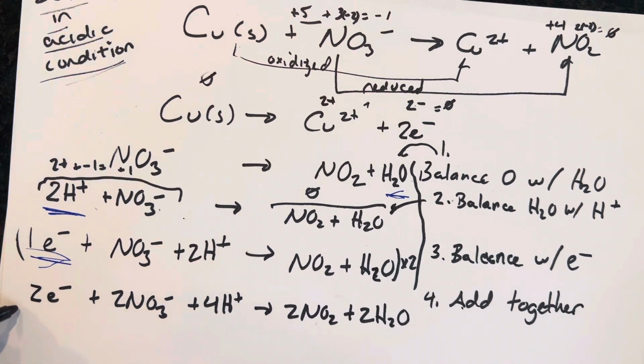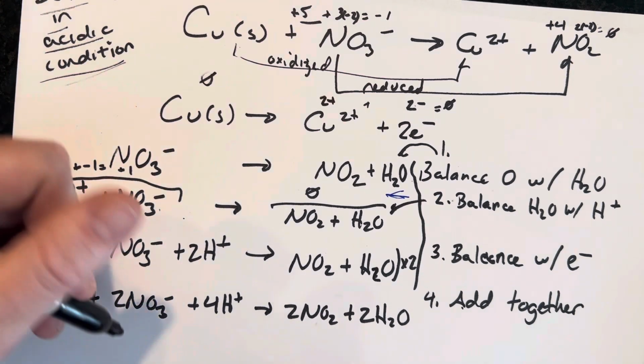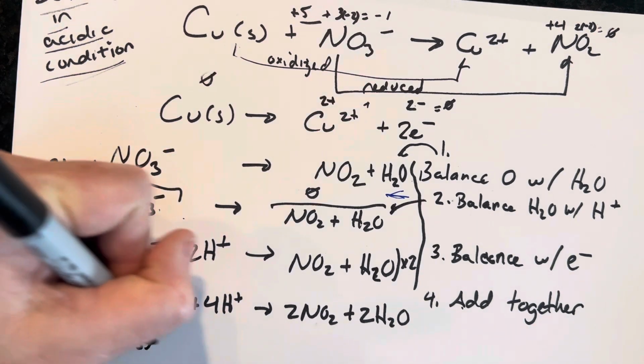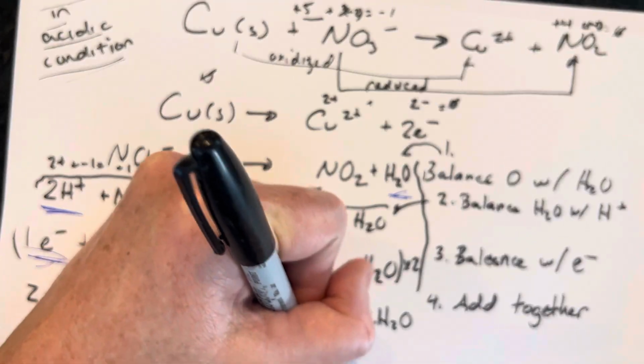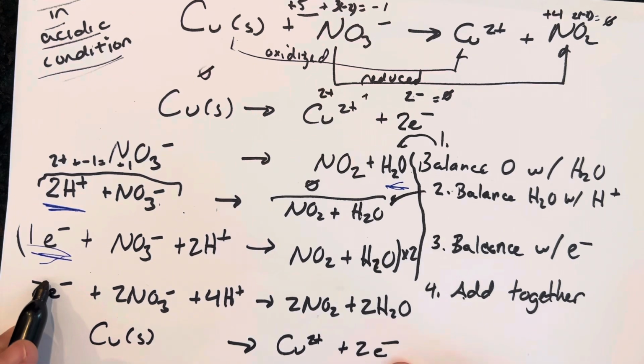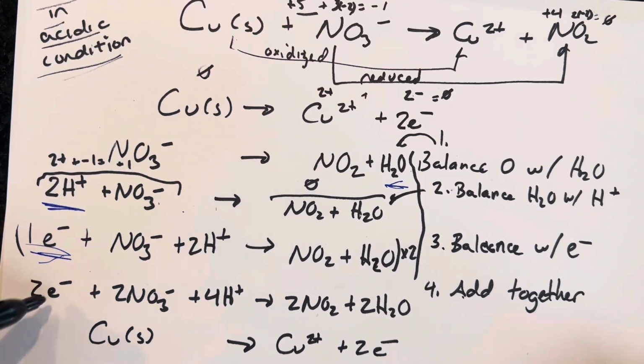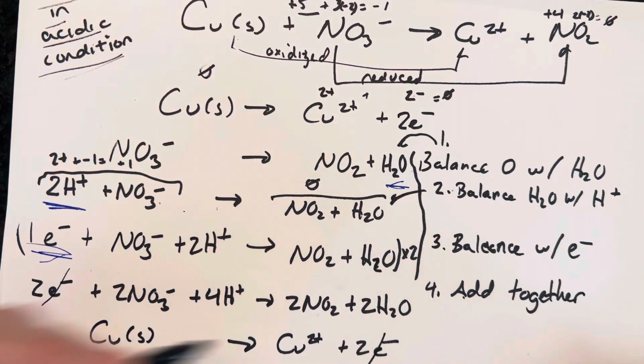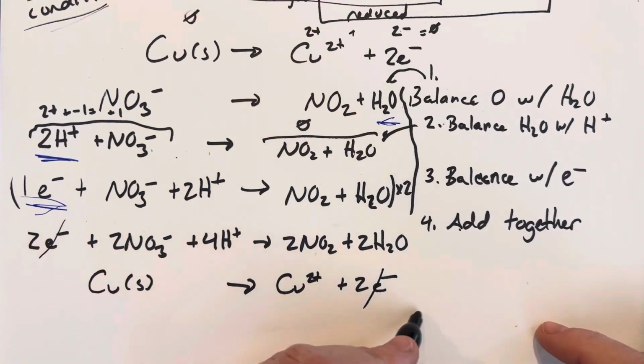All right, now we have our 2 electrons. And now to that, we can add this Cu solid, Cu2 plus 2 electrons. So we got 2 and 2 on each side. Those two are going to cancel out.